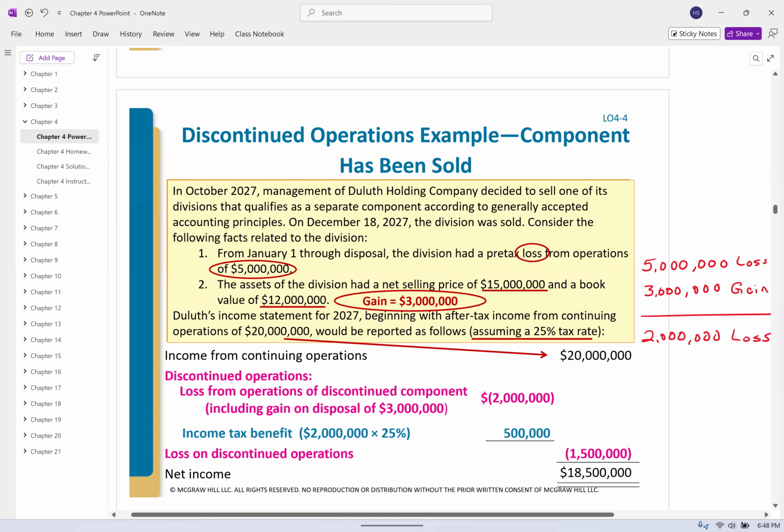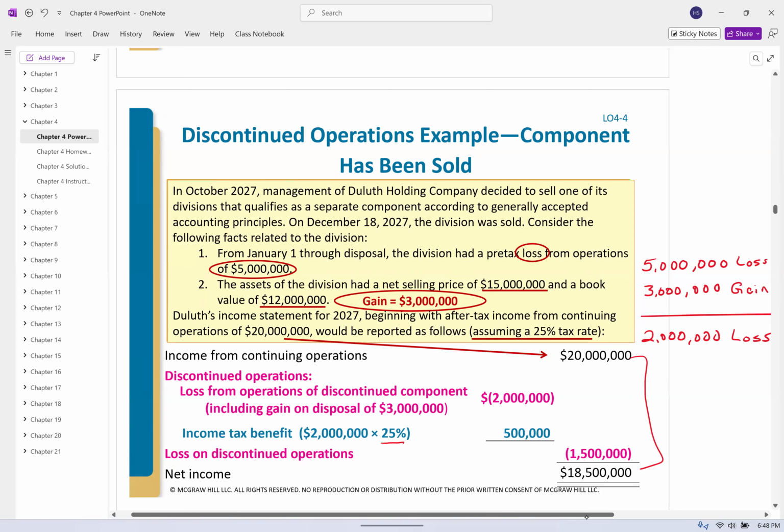Okay. It is net of tax, 25% here. So 500,000 is a tax benefit. Okay. That's a tax benefit to us when it's a loss. Then we have the net amount loss on discontinued operations of 1.5 million. Okay. And then that brings our 20 million down to 18,500,000.